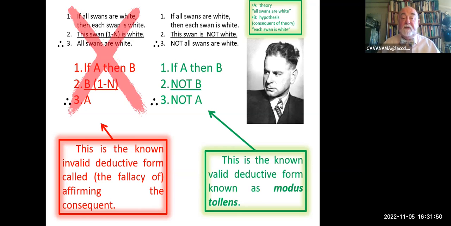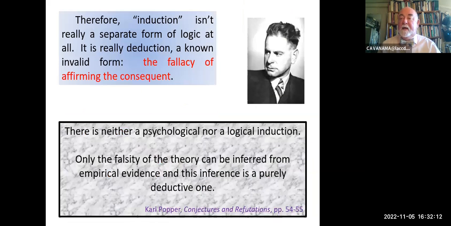Instead of asserting B, affirming the consequent, they deny the consequent, therefore deny the antecedent theory from which the consequent, which is the hypothesis, is derived, and refute the theory. So it looks bad from one standpoint for the logical prospects of induction, but Popper says not to worry. Induction really isn't a big thing in science at all. It's not a separate form of logic at all.